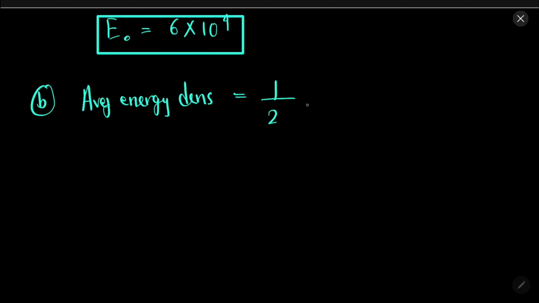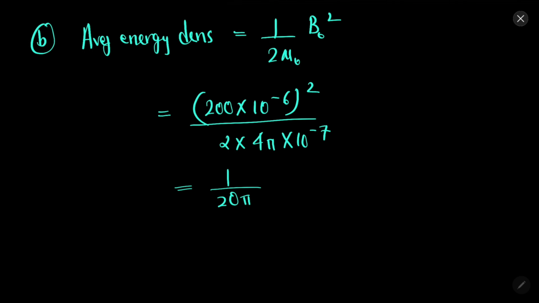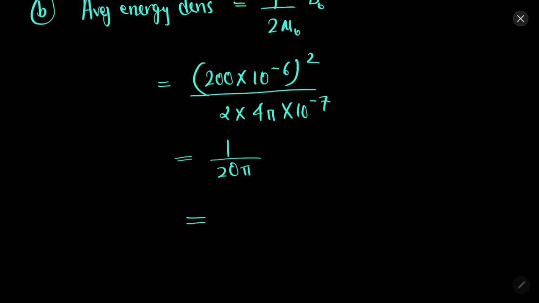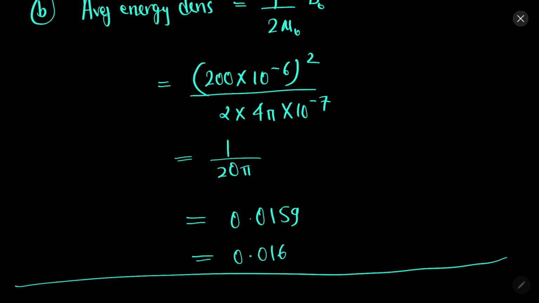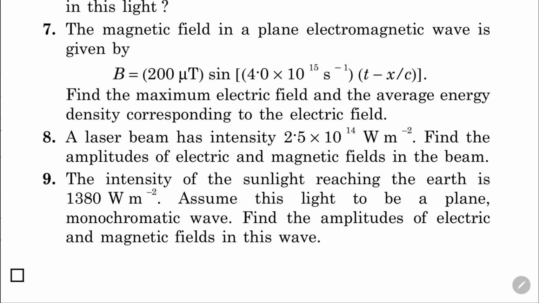So it is B naught square over 2 mu naught. So 200 into 10 to the power minus 6 whole square over 2 into 4 pi into 10 to the power minus 7. So it will give us approximately 1 over 20 pi. So after solving this, it will be 0.0159 or approximately 0.016. So this will be the average energy density.